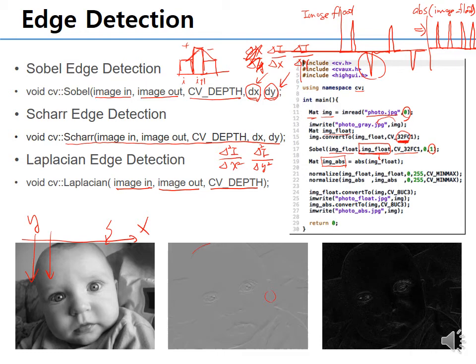Then we normalize this image. When we normalize it, the minus value becomes 0 and the plus maximum becomes 255. So this image can be normalized like this.